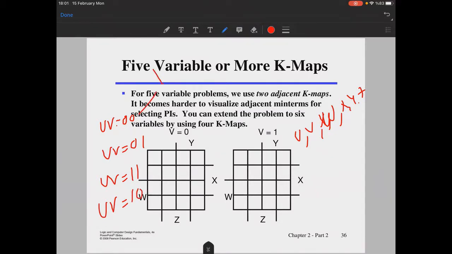You need a 4 variable K-map for each of them. So when you're trying to minimize, can you imagine? It has become pretty hard to imagine.